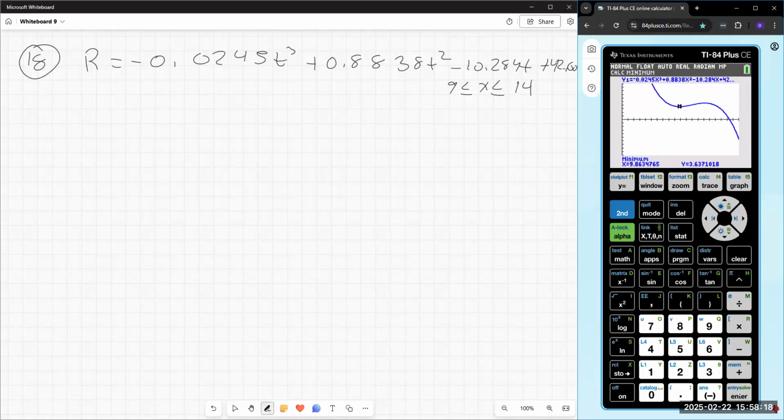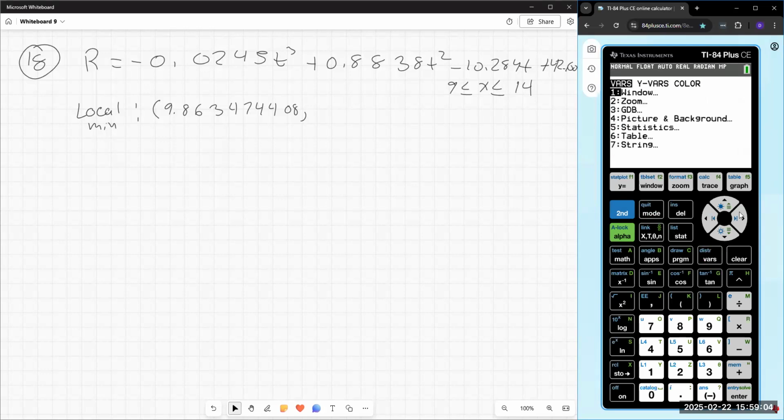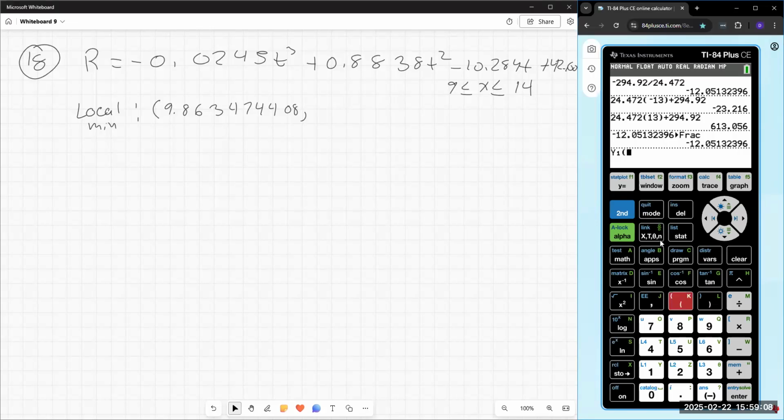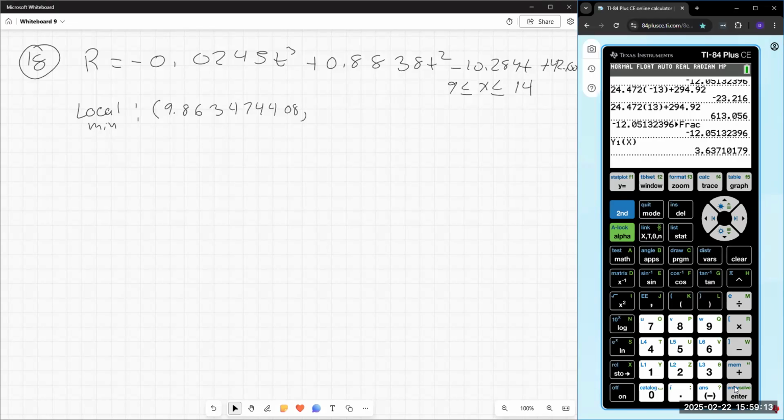And that is at 9.63474408 something, and I'm going to take that x value and use vars, y vars, function y1 of that x, and get the corresponding y value that goes with it, 3.63710179.